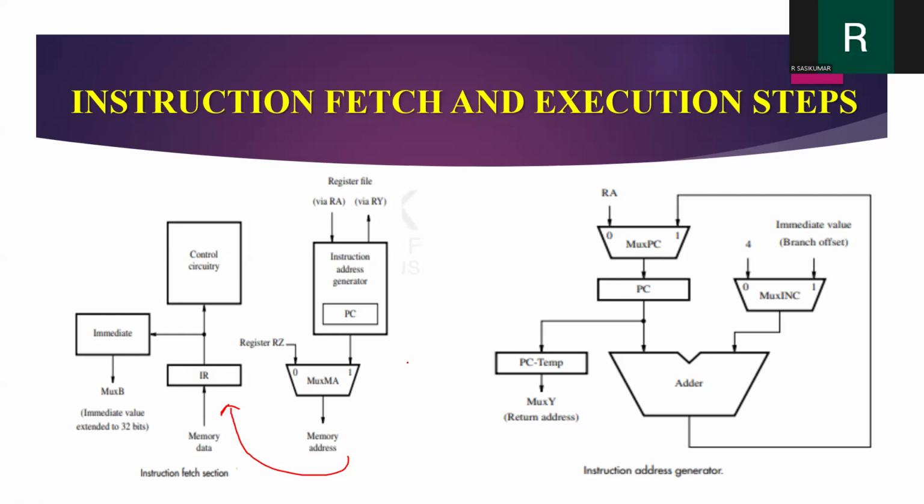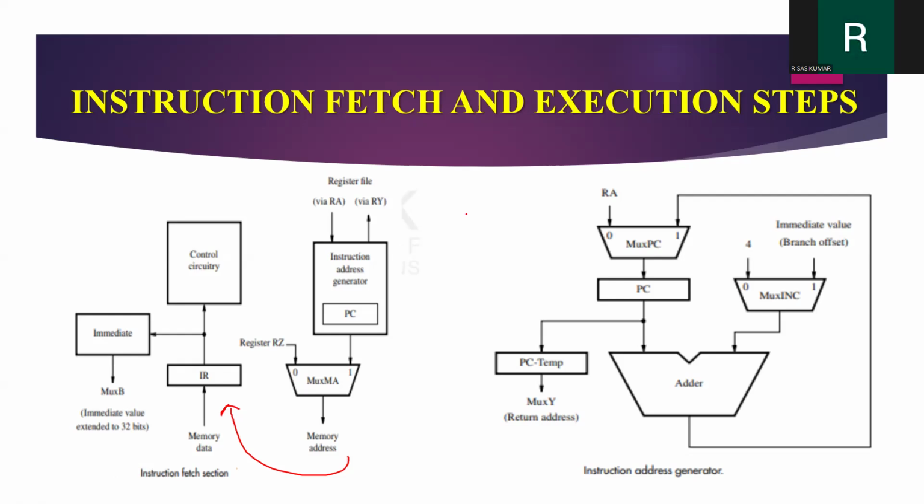So for executing one instruction, a maximum of 5 clock cycles is required and a minimum of 3. For the R format instruction, steps 1, 2, 3 are required, step 4 is not required, and step 5 is required. For a conditional or unconditional branch instruction, the first 3 steps are required, and there is no action for step 4 and step 5.